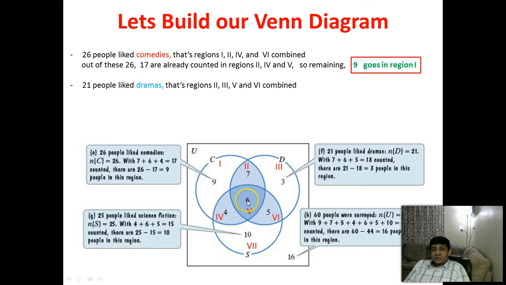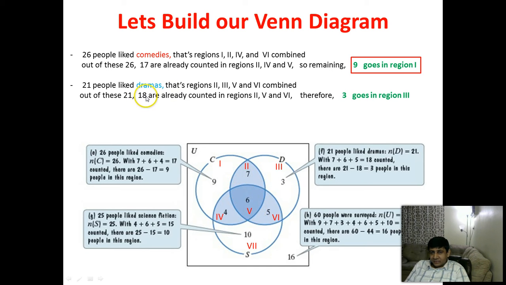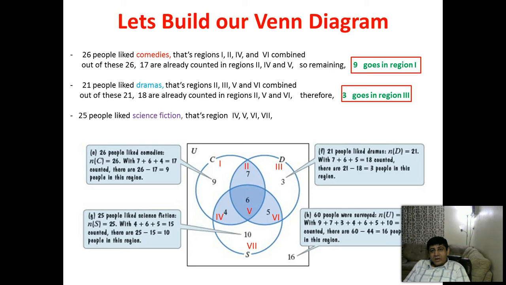Regions 2, 5, and 6 already count 18, so out of 21, the difference goes in region 3. Similarly, for region 7, we are given that 25 people like science fiction.